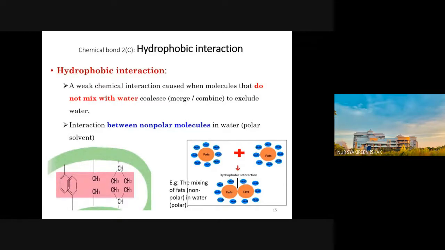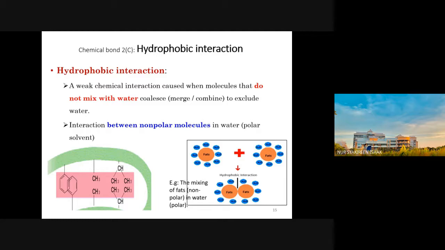So the next chemical bond is hydrophobic interaction. Hydrophobic interaction is a weak chemical interaction which occurs when molecules do not mix with water, and which causes the molecules to be excluded from water.